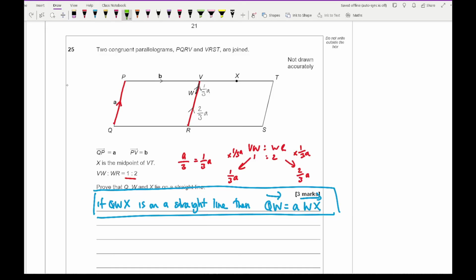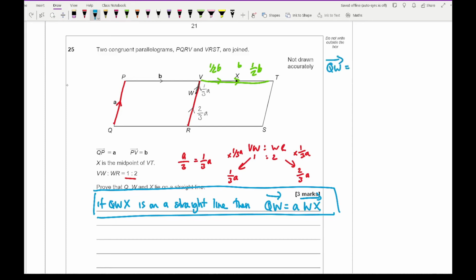So we know that this is a midpoint, so if all of this is B, then this length here is going to be a half B, and so is this length here. So from this, what we can then do is work out what Q to W is.